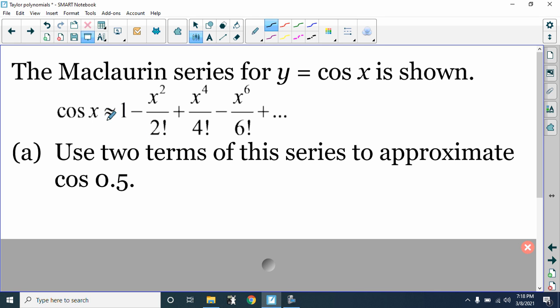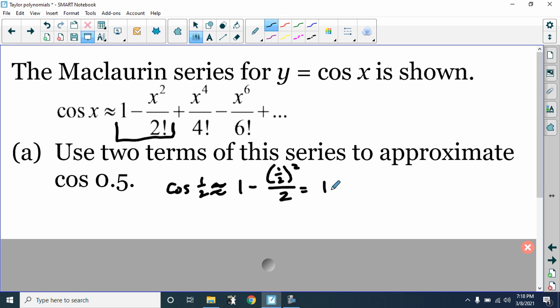We want to find what cosine of 1/2 is approximately equal to. So we're just using the first 2 terms, and notice my x value is 1/2. So cosine 1/2 would be approximately equal to 1 minus 1/2 squared over 2.